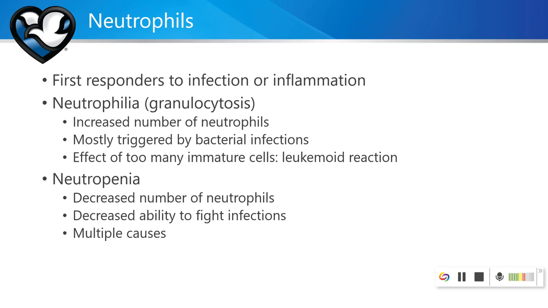And in severe or prolonged cases of neutropenia, the usage of neutrophils increases, and the bone marrow cannot keep up with the demand. Bone marrow can also be suppressed due to therapies such as radiation and chemotherapy, or diseases such as aplastic anemia and leukemia.